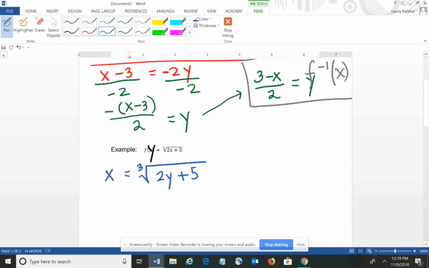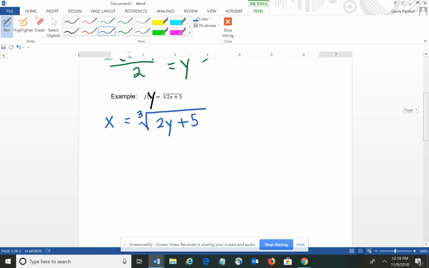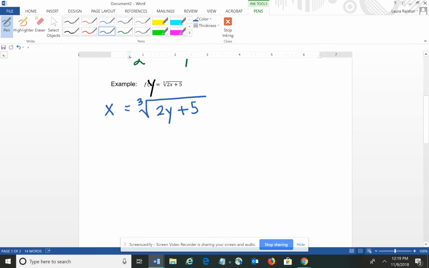And again, my goal at that point is to solve the resulting equation, again, that I've written in blue for y. So think about how you would go about doing that. We need to undo the cube root. So to undo a cube root, we need to cube each side. So we have x to the third equals 2y plus 5.